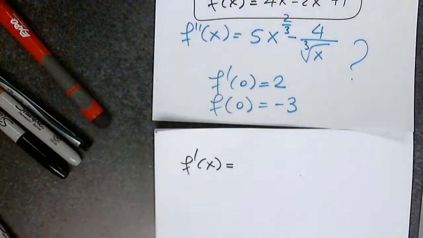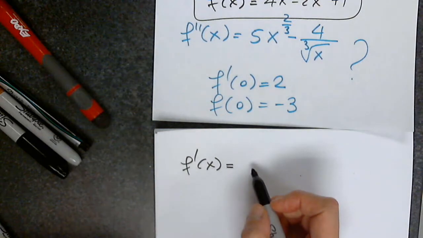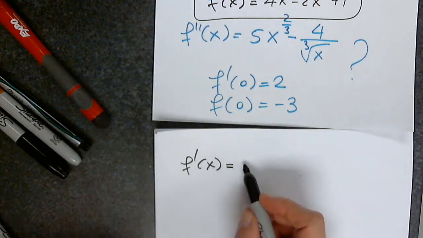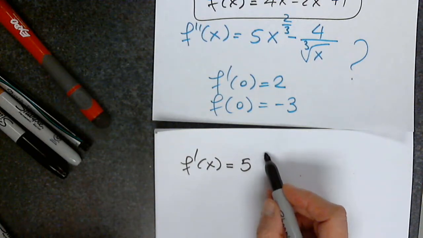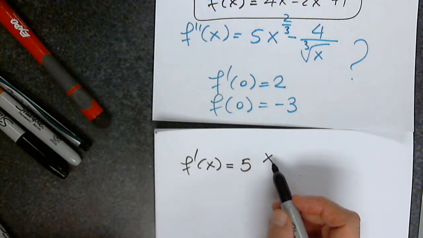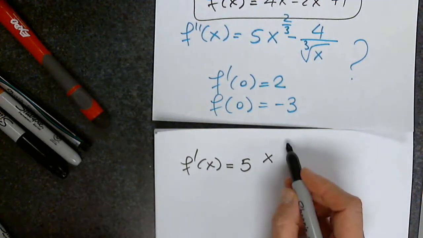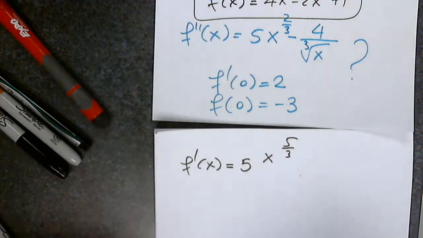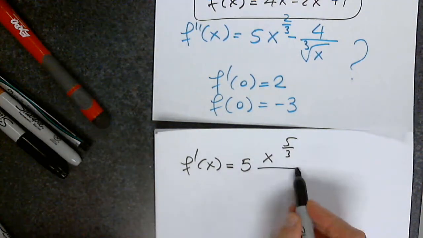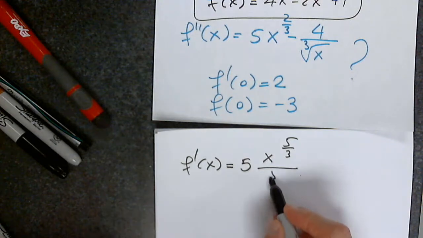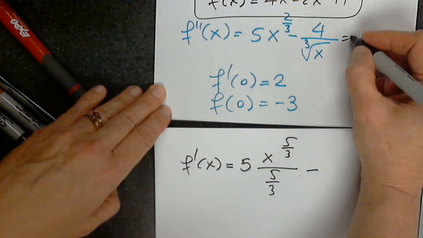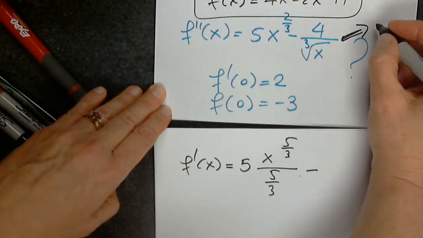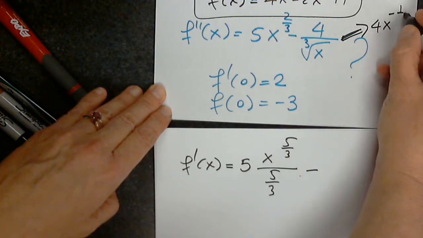Can anyone dictate? First derivative. So that would be 5 times x to 2/3 plus 3/3, which is 5/3, over 2/3 plus 3/3, over 5/3. Minus. I will definitely change this one into 4x to negative 1/3.